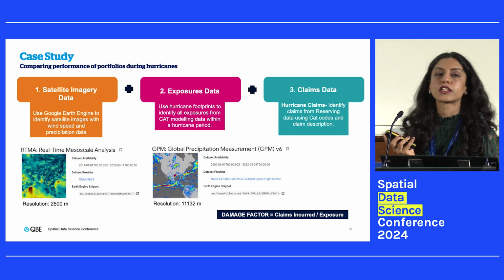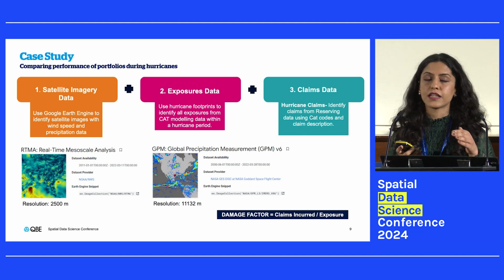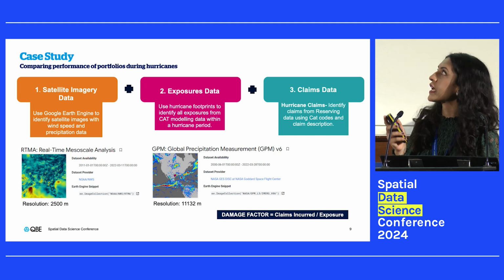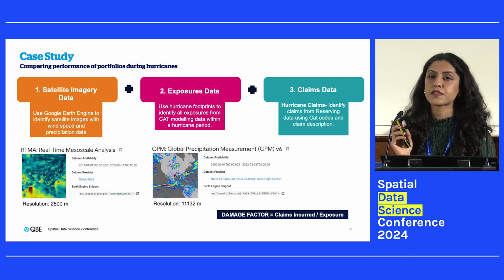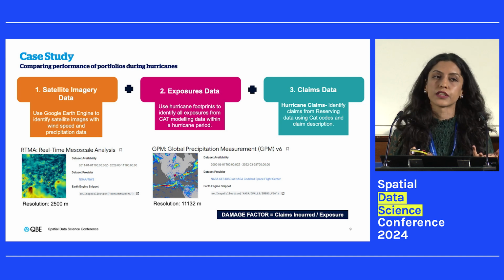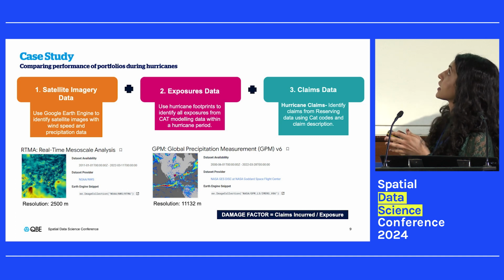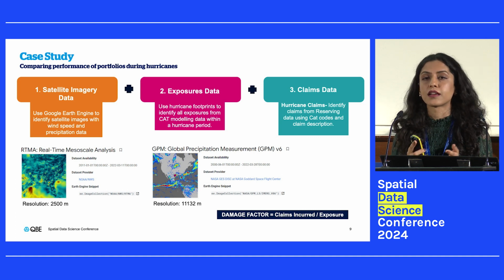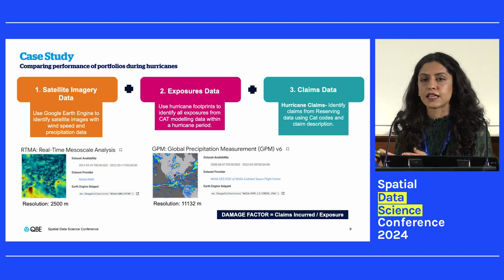So once we have got our hurricane footprints, we want to find the exposure within that footprint. That's where the second data set comes in. The exposure is the value of the risk that we are writing. And then the final data set is the claims, so that means the losses incurred.